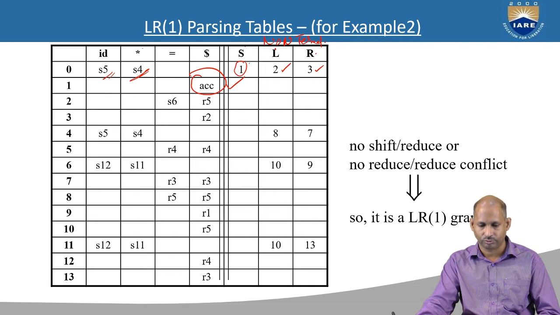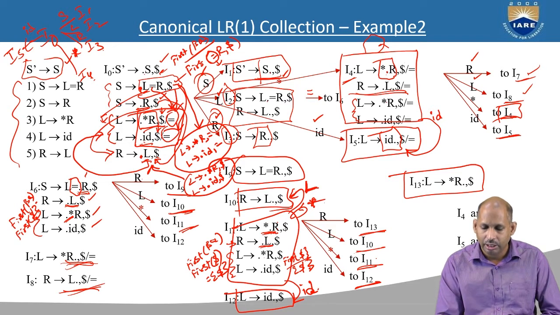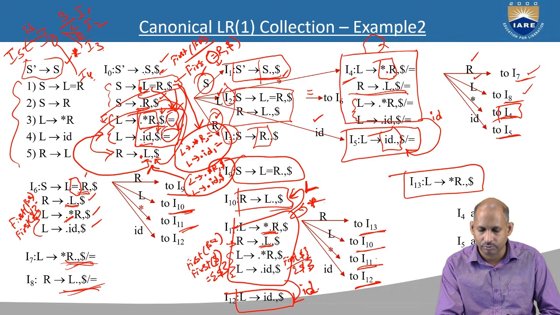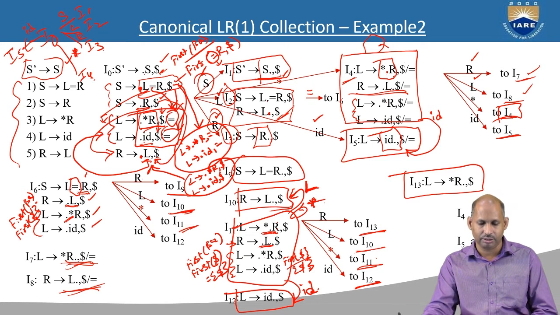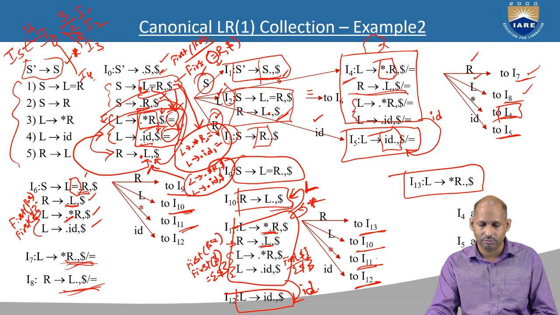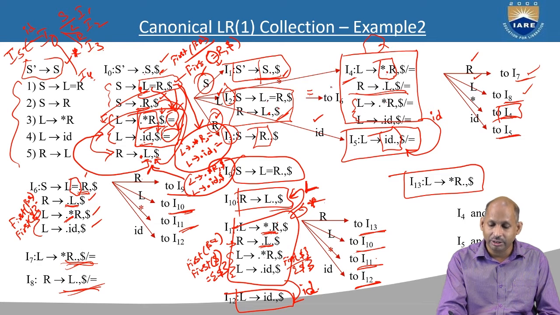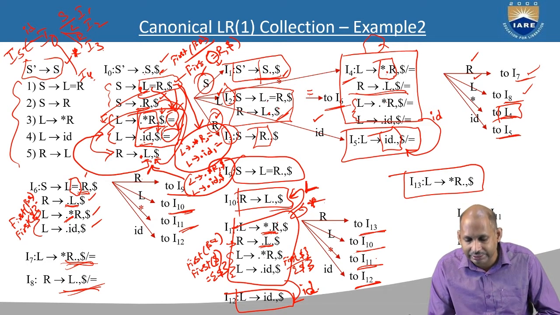Then I2. Here, this is I2. Dot at the end, and here it is a dollar sign. Then on assignment, it is going to I5. On assignment, go to operation is I6.